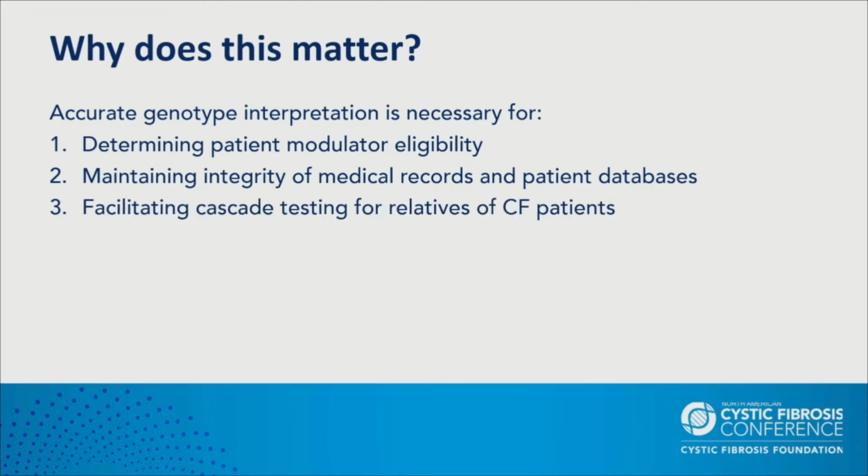This is also relevant when we consider testing beyond the diagnostic testing for the patient with CF. So anytime that we are facilitating cascade testing for other relatives of our CF patient or for a partner in a reproductive care setting, again, it is essential that when we are requesting testing for the mutations in the patient, that we are conveying the accurate information to the lab that will be testing other family members.